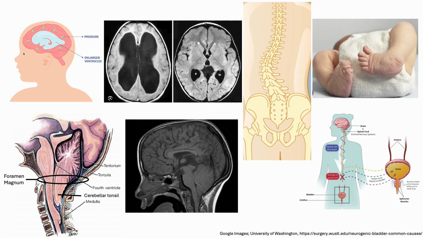Neurogenic bladder refers to bladder dysfunction in the form of a spastic or hyperreflexive bladder, which is characterized by uninhibited contractions causing urgency, frequency, and urge incontinence, or in the form of a flaccid or areflexive bladder characterized by urinary retention and overflow incontinence. This can lead to urinary tract infections and potentially renal damage. While intelligence can be normal, some individuals with myelomeningocele may experience learning disabilities, attention deficits, and executive function difficulties in life.